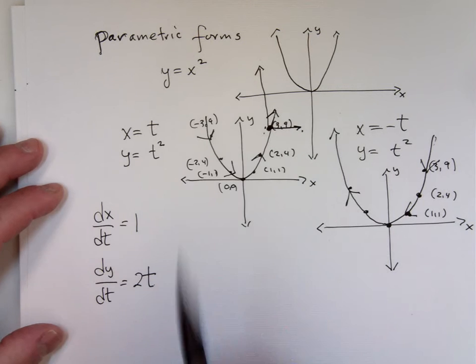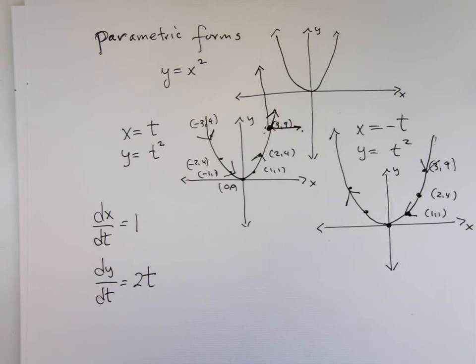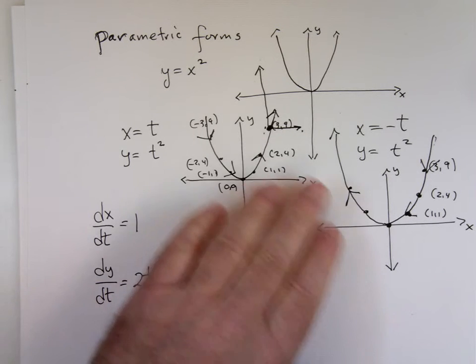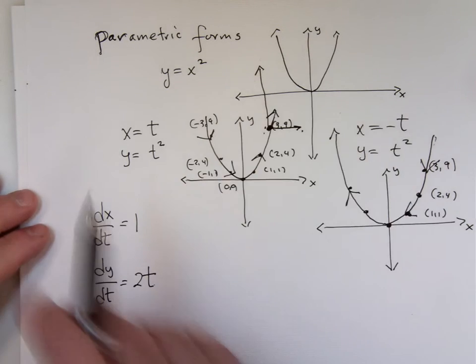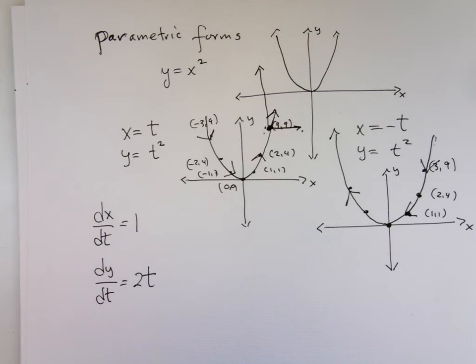And we have those two representative velocities, one in the x direction, one in the y direction. Okay? So, as we move around this, we'll have different velocity as well. So there's two advantages to using a third variable to define the relationship. One, we get an orientation, and two, we get individual velocities, okay?